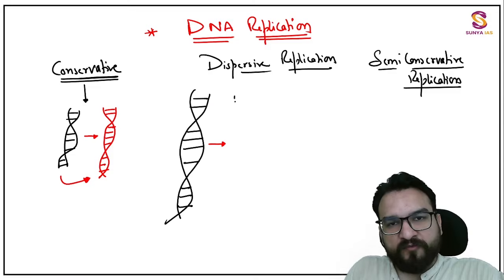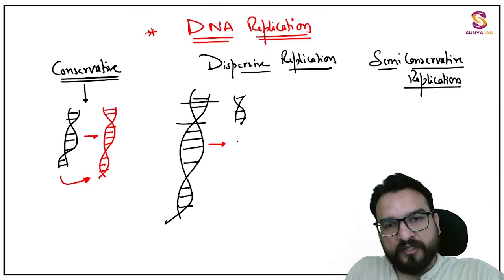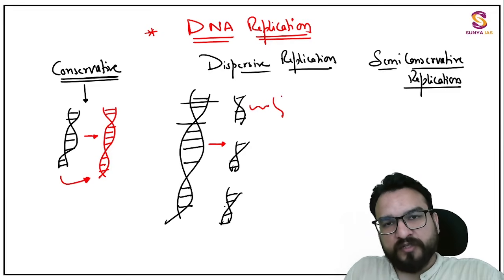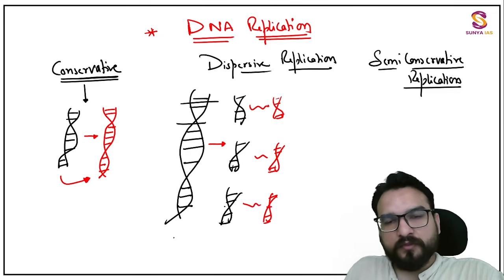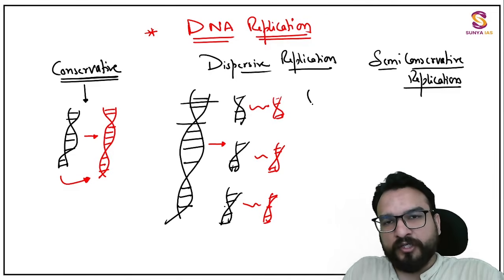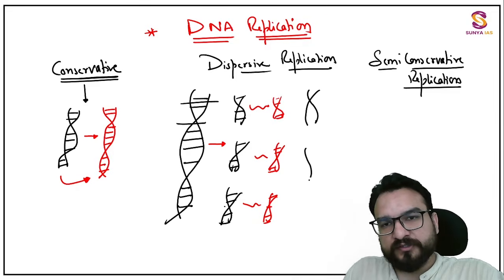It will be cut into small pieces, one cut over here, and they will get fragmented, and each fragment will now make its copy. The fragment copies will be made over here, and now they suggested that these copies will be joined together like this.